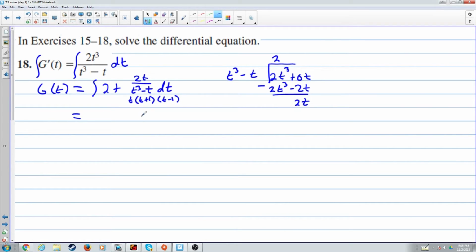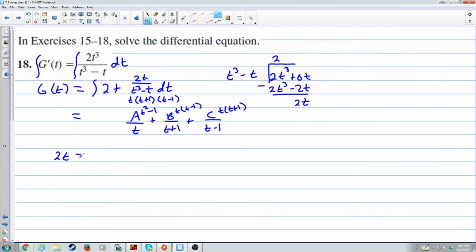So let's just do the partial fraction decomposition. We have a over t plus b over t plus 1 plus c over t minus 1. And we have to get a common denominator here, so we multiply the a by t plus 1 times t minus 1, which is t squared minus 1, the b by t and t minus 1, and the c by t times t plus 1.